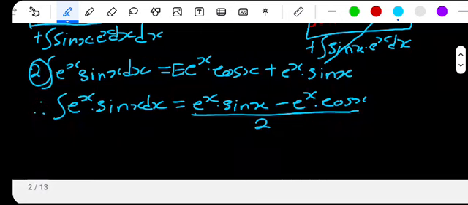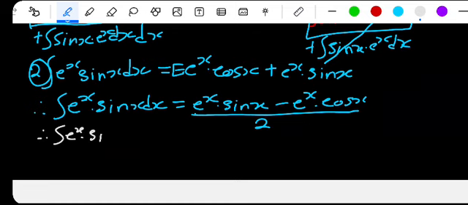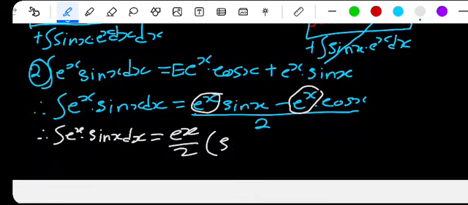Then again, the integral of e^x multiplied by sine x dx can be equal to, now I can take this as a common factor, there will be e^x, then divided by 2, into sine x minus cos x.